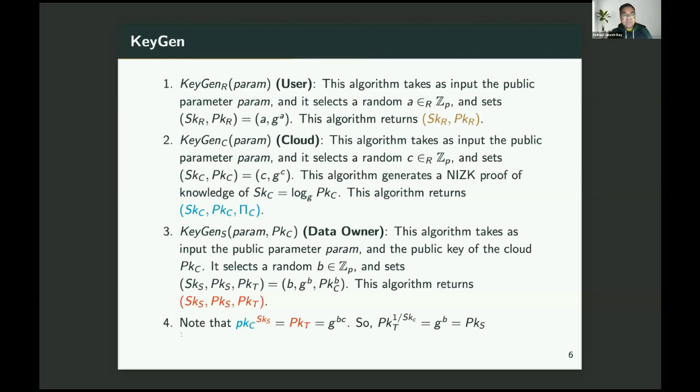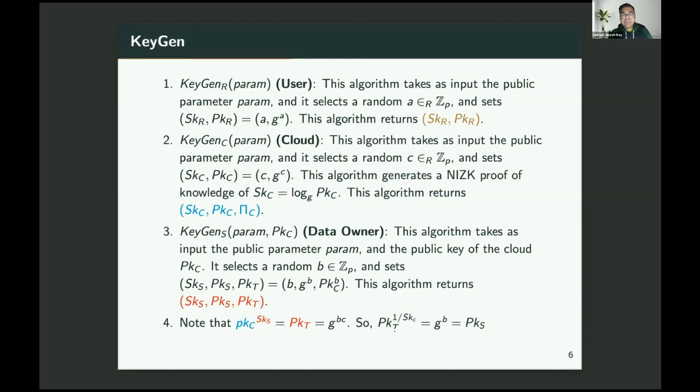And the fourth point is very crucial, which is the sweetest part of the entire scheme. So now, if you take a look at this PKT, PKT is nothing but the PKC to the power SKS, which gives you the simple expression of G power BC. Now, if you compute the SKCth root of PKT, you get rid of this C part.